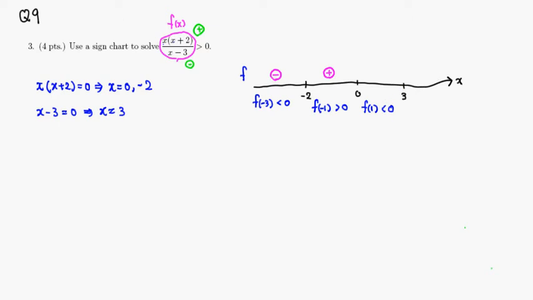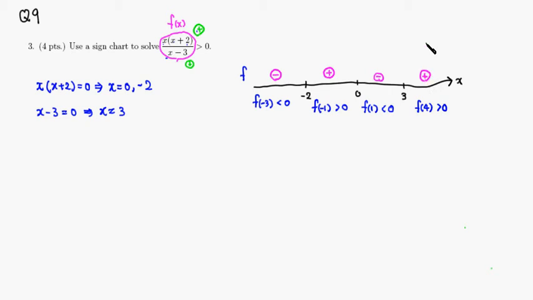Then for anything bigger than 3, I'll try 4. 4 is positive, 4 plus 2 is positive, and 4 minus 3 is positive 1, so positive divided by positive is definitely positive.